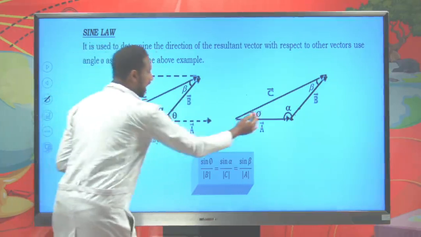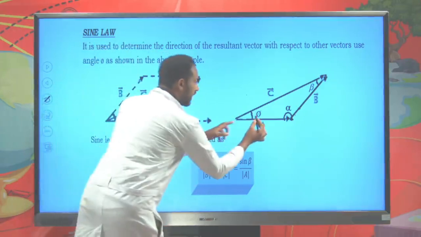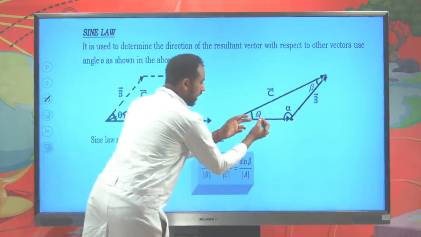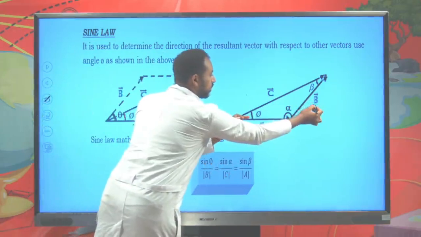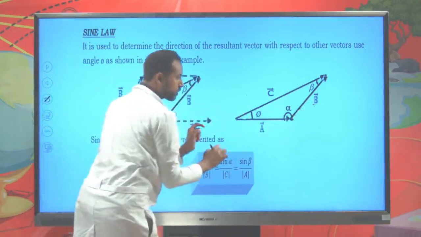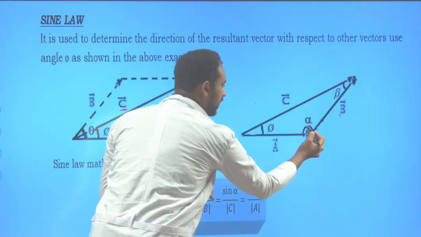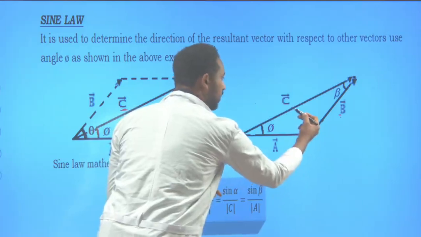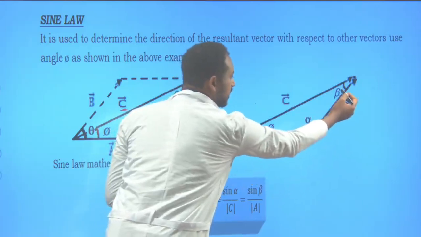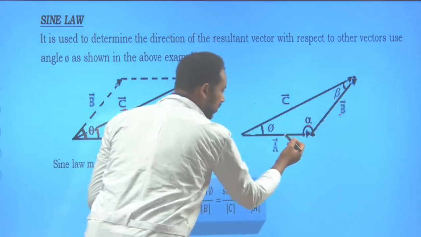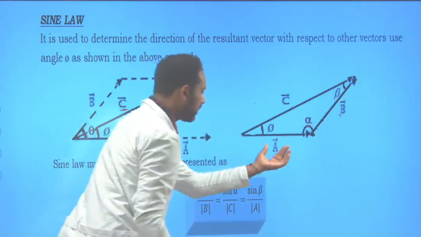Okay, sine law states that the sine of this angle over the magnitude of the opposite side is equal to the sine of this angle over the magnitude of the opposite side, which is again equal to the sine of this angle over the magnitude of the opposite side.